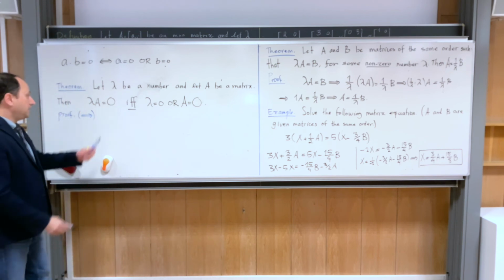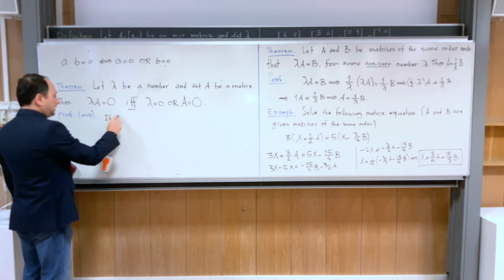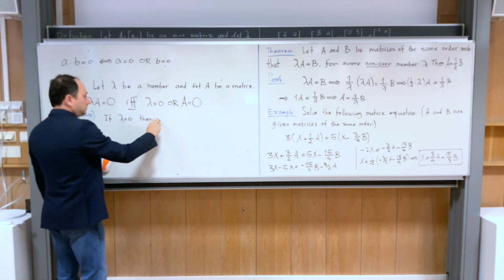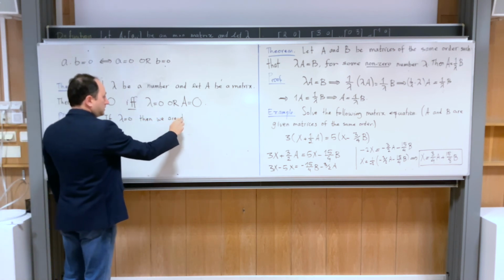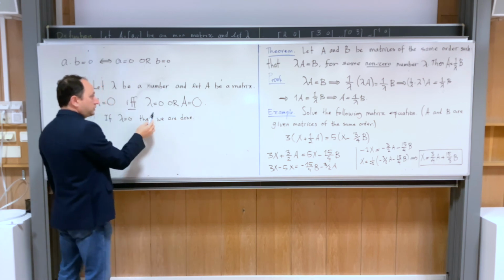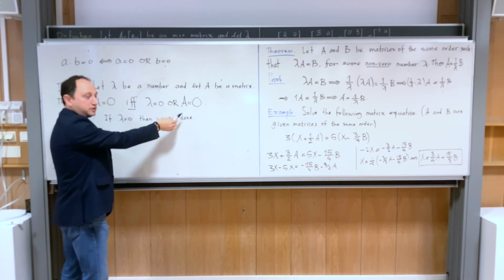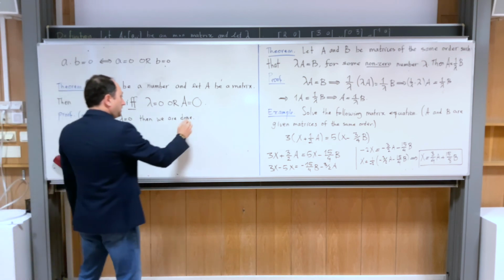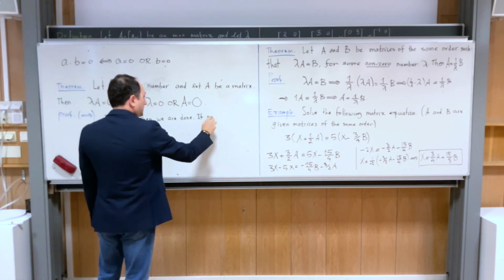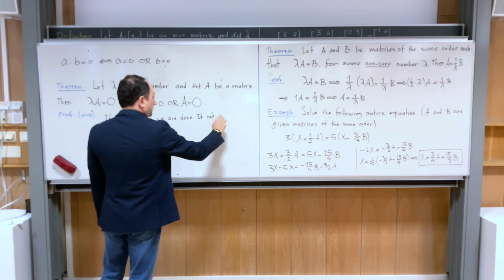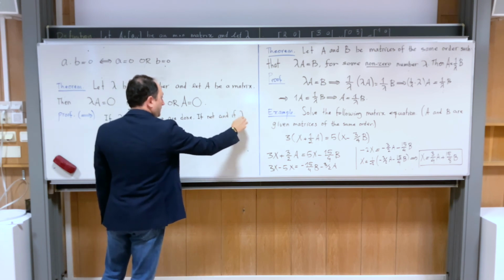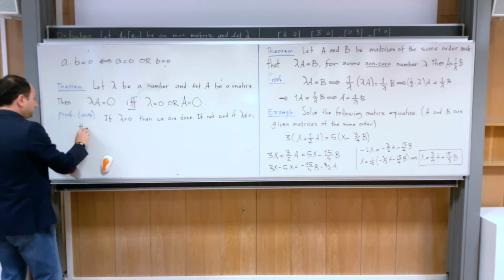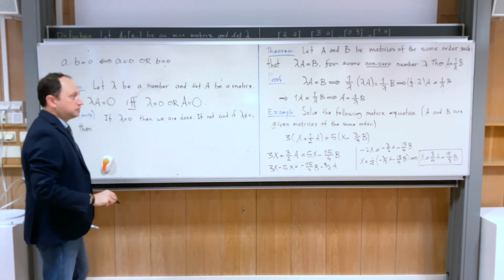I would say that if lambda is equal to 0, then we are done. Yes? Why? Because I want to show that either this happens or that happens. If you say that this happens, okay, I am done. If not, and if lambda is not equal to 0, then I can use the previous theorem.